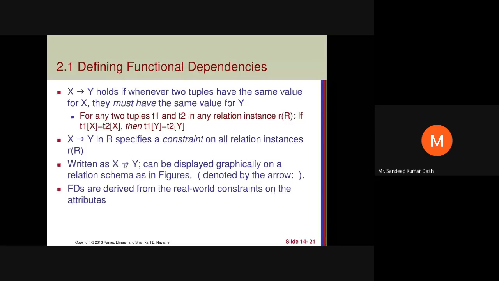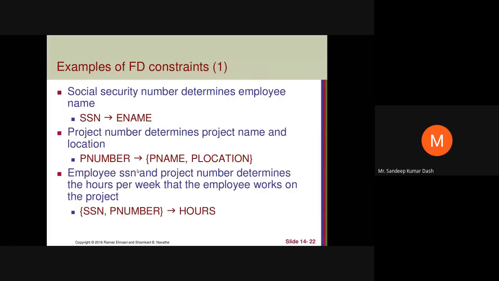Written as X arrow Y, that means X is determining Y. Social security number determines employee name. Yes or no? This is a valid thing. That means every social security number is always unique. So in that case, you can say that a primary key attribute functionally determines any combination of attributes.